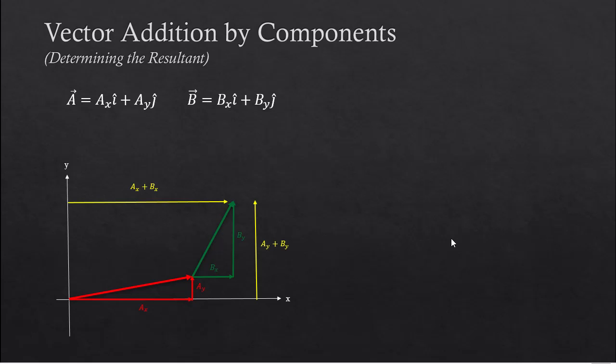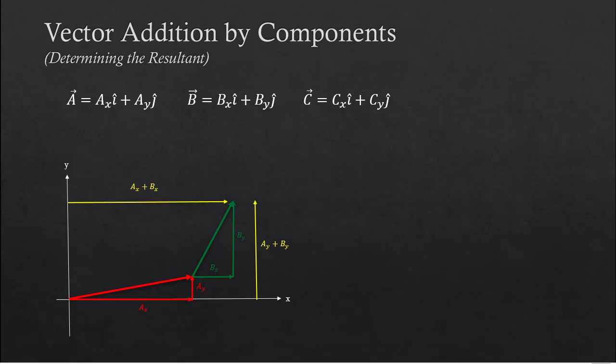Now the sum of the two vectors A and B goes from the origin all the way up to this tip. As you can see from this diagram, the x component of the sum of these two vectors is ax plus bx, and the sum of the y components is ay plus by.